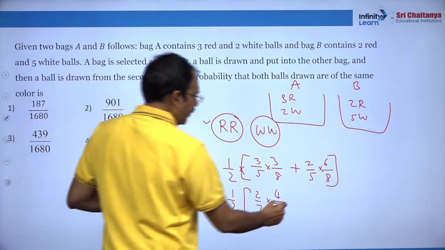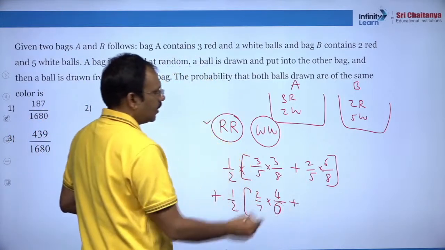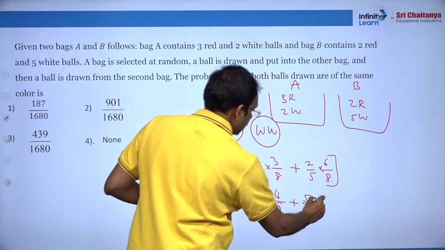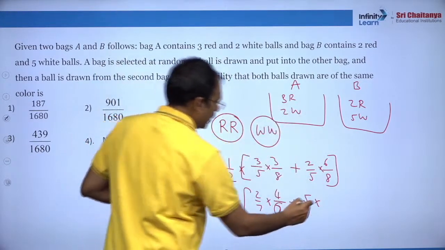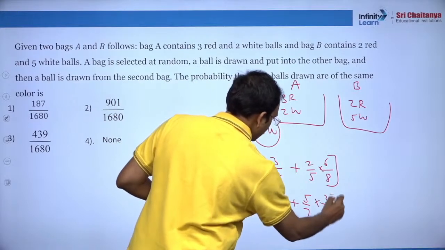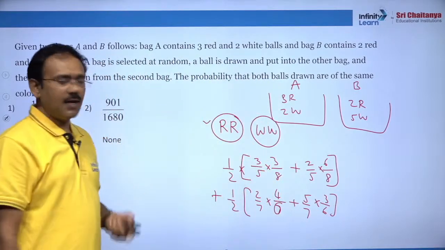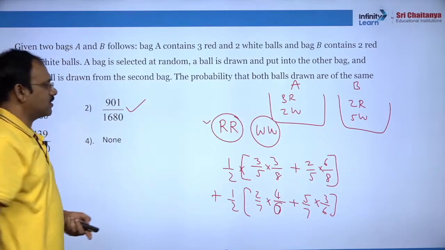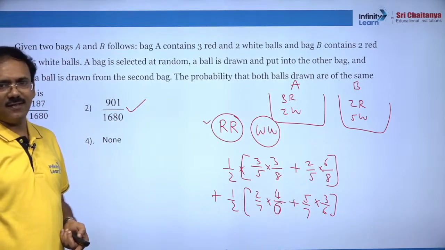Yeah. Plus, first white ball selection is 5 by 7 into that white is kept here, 3 by 6. This is the thing. Now you just simplify this, you are going to get 901 by 1680. That's all. Simple.